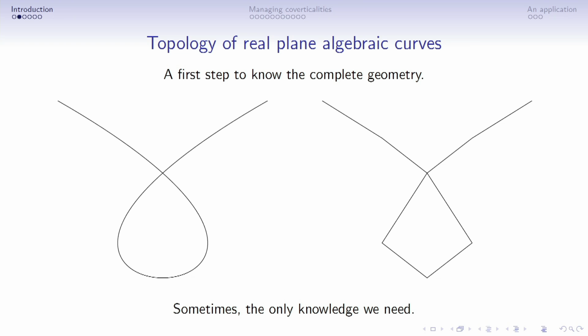I mean, it's interesting to have the important points, which are the singularities of the curve, and knowing something certified instead of just working numerically. But some other times it's the only knowledge we need.